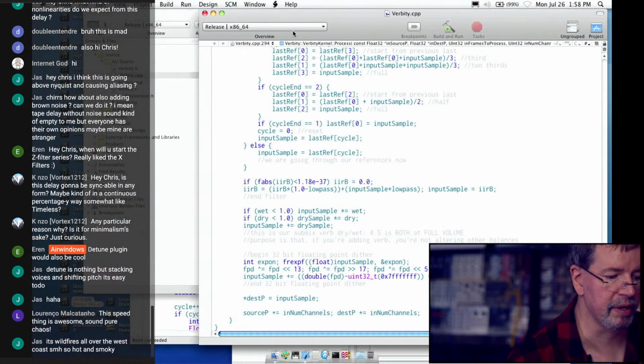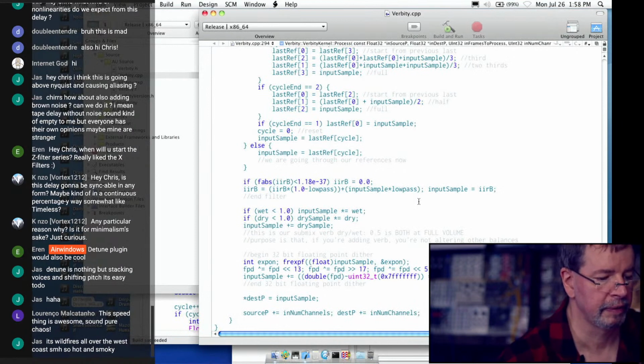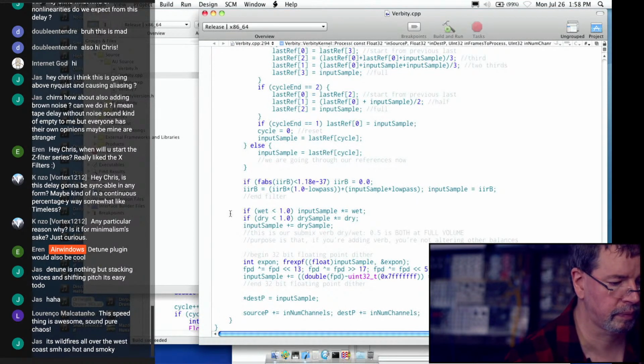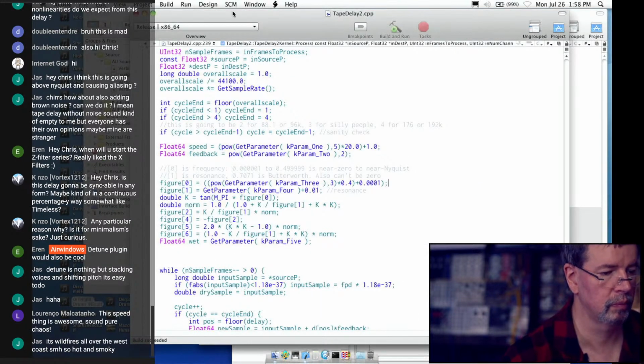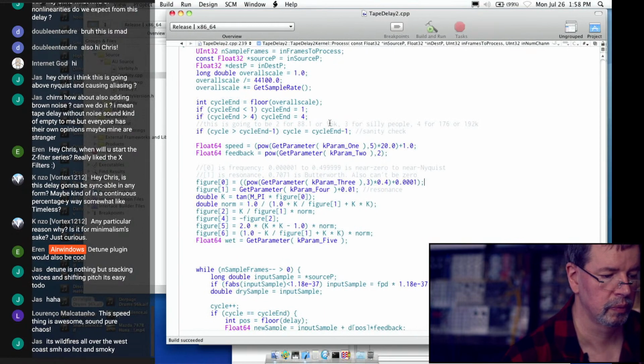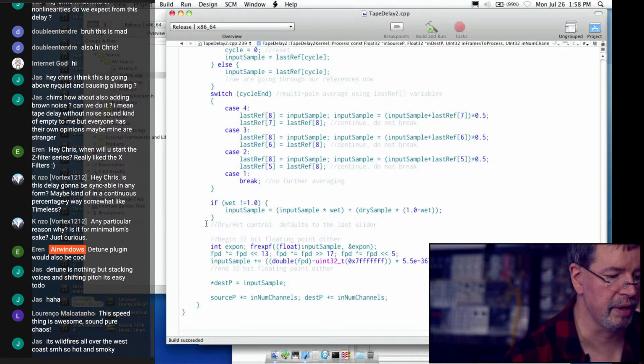That is how that is implemented. And the other half of that is up higher.